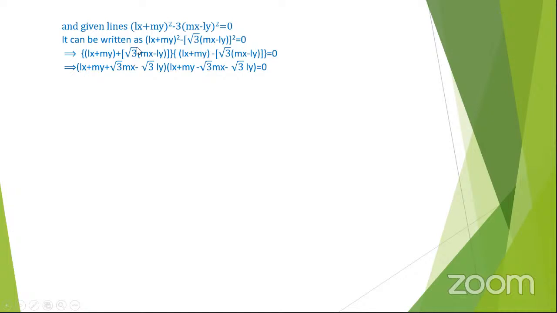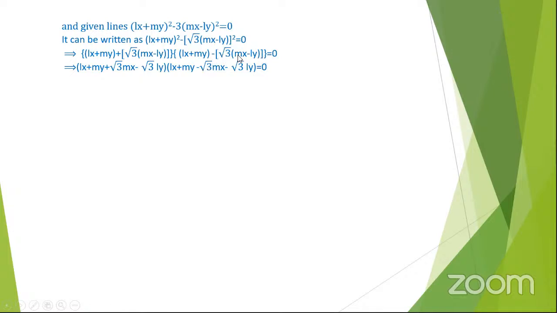Now, we multiply this under root 3 inside and write the other term as it is: Lx plus My plus √3 Mx, plus of minus is minus, so minus √3 Ly. In a similar way, for the other one we take Lx plus My as it is and multiply minus root 3 inside.